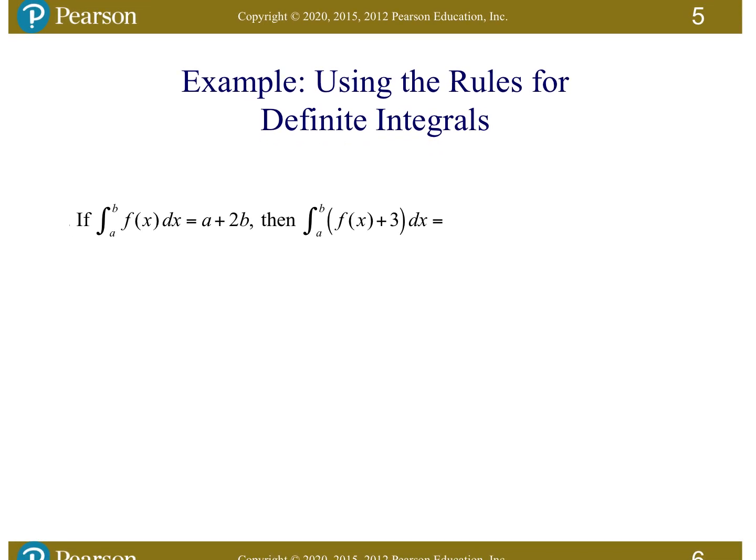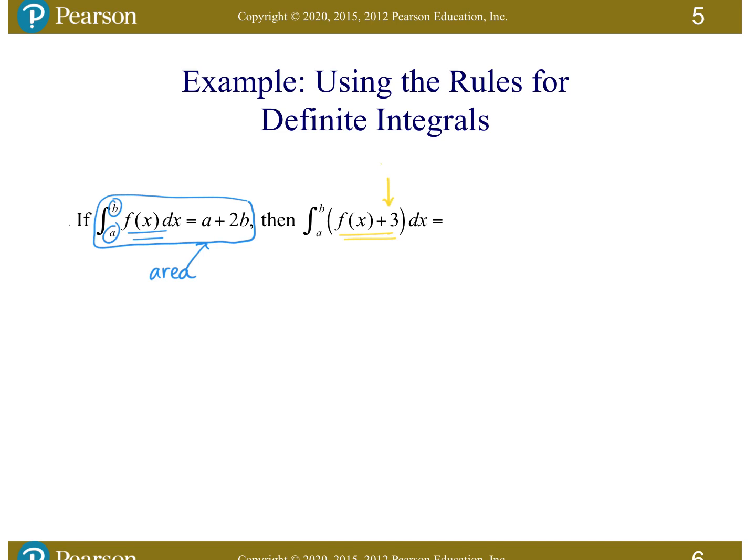We can also think of this arbitrarily when you don't have a specified function, but you do have variables or constants that are expressing what you have. You still have to think of it in terms of thinking about area. So if we're told that the area going from a to b under the f of x function is a plus 2b, that is the value of the area, and then we're asked to take that same thing and shift it up.